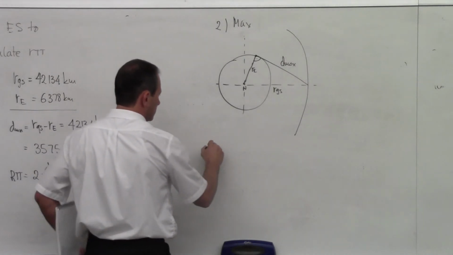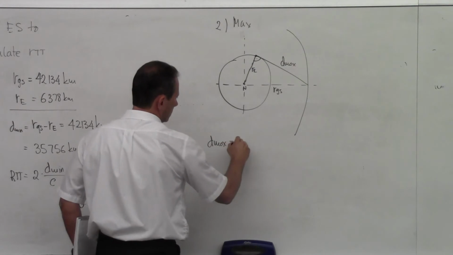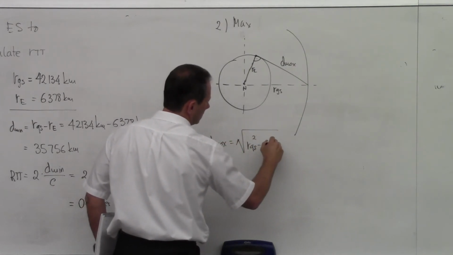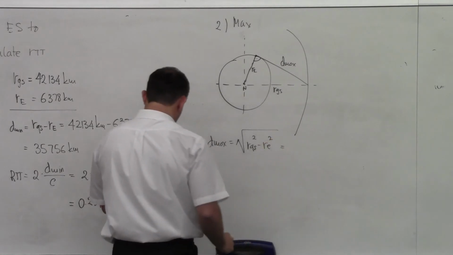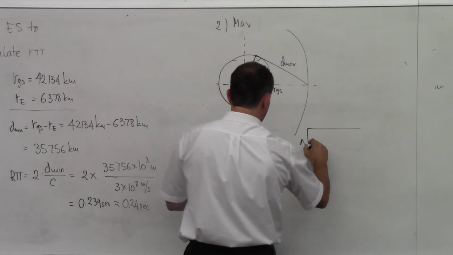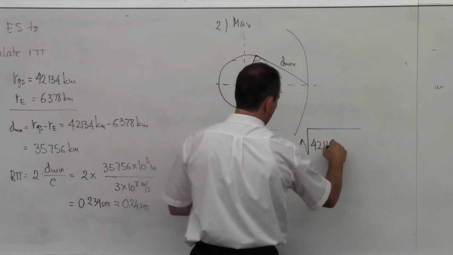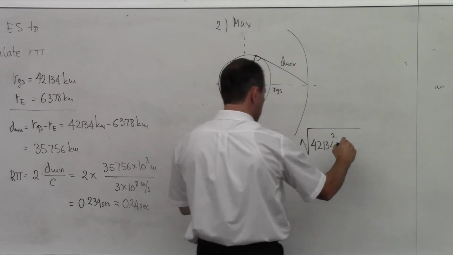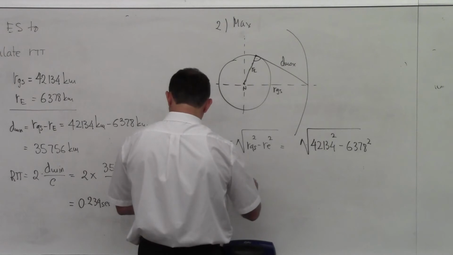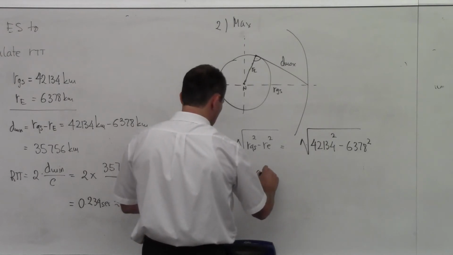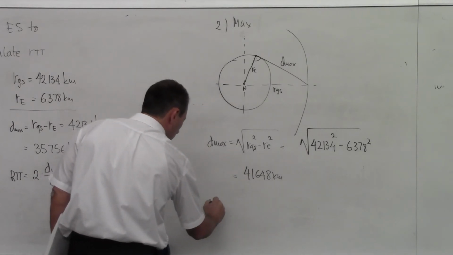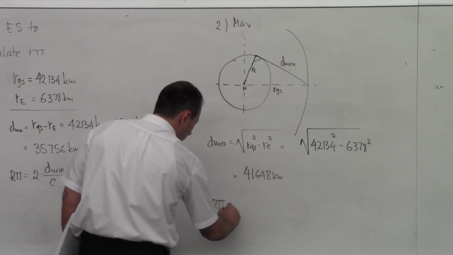So here, D max is going to be the square root of RGS squared minus RE squared. And when you calculate, this becomes the square root of 42,134 squared minus 6,378 squared, which gives you 41,648 kilometers. So this is how far you can be. And then round trip time max, right?